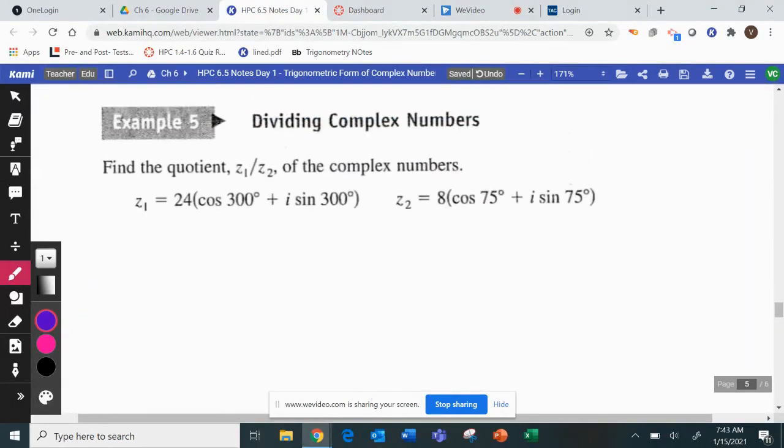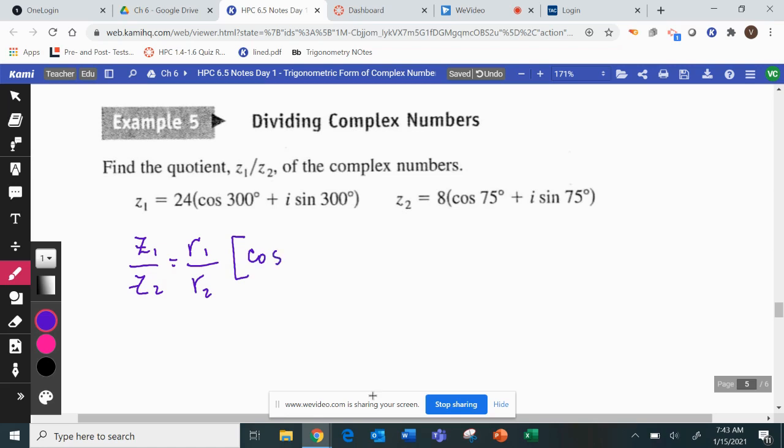Okay, dividing complex numbers. Again, I'm going to use the formula that was in that previous box. You guys have it in your notes, but I'll just rewrite the formula right here. R1 over R2, and then we have cosine.